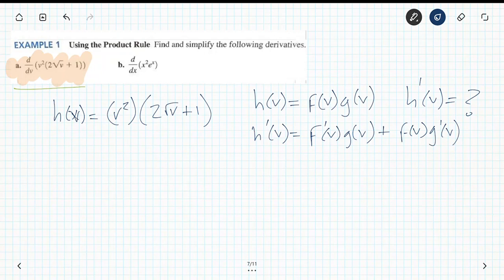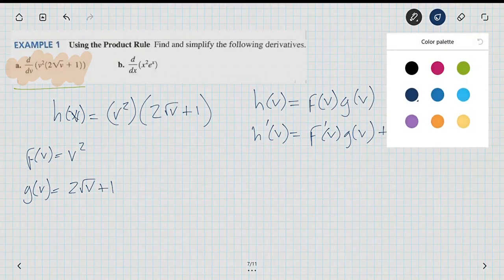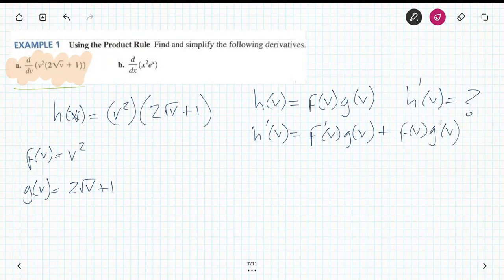Okay, so the first thing you want to do is say f of v is going to be v squared, and g of v is going to be 2 square root of v plus 1. Now, in order to find the derivatives, you're going to have to use either the formal definition or the derivative rules. We are at a stage where we are now going to be just using the derivative rules.